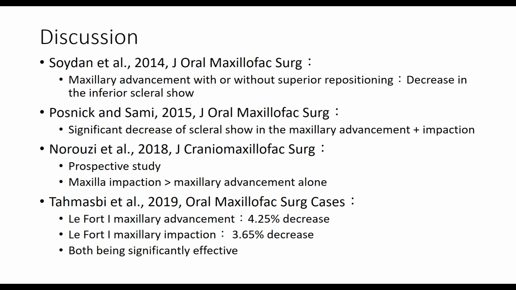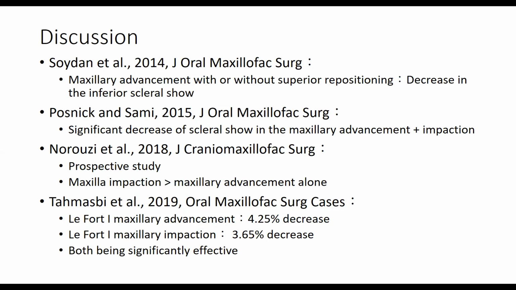Soiden et al. in 2014 showed a decrease in the inferior scleral show in maxillary advancement with or without superior repositioning. Postnik and Sami in 2015 showed a significant decrease of scleral show in maxillary advancement with impaction.